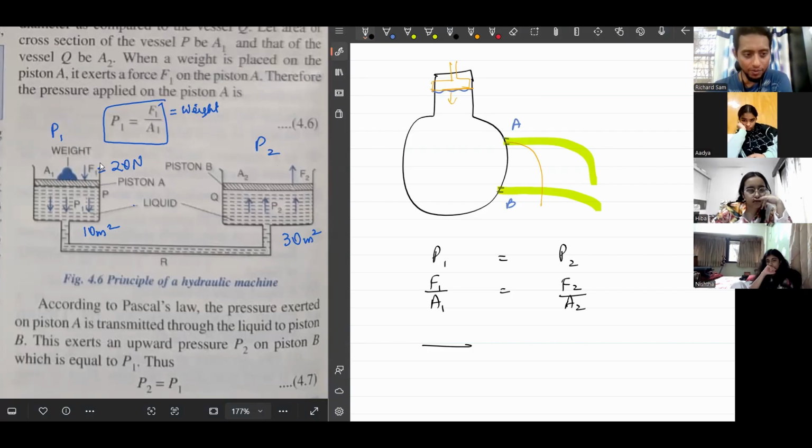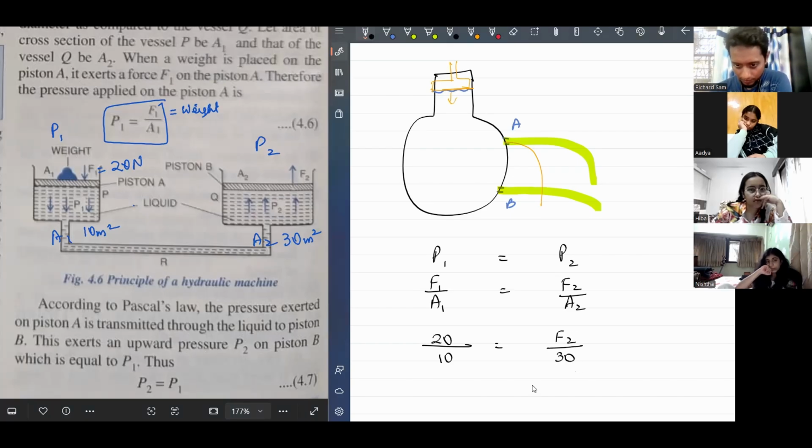So we have F1, we have A1, we have A2. We need to find F2. F2 is the force which will be felt on the right side. So we put these values in the formula. That is 20 upon 10 is equal to F2, which we don't know, upon 30.